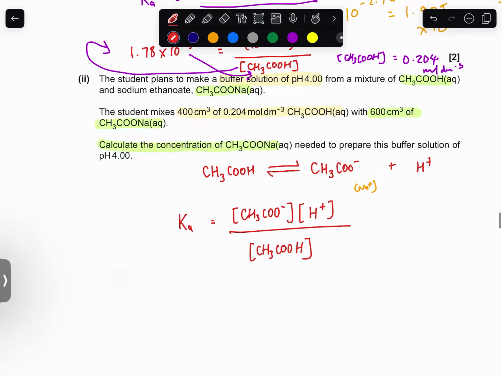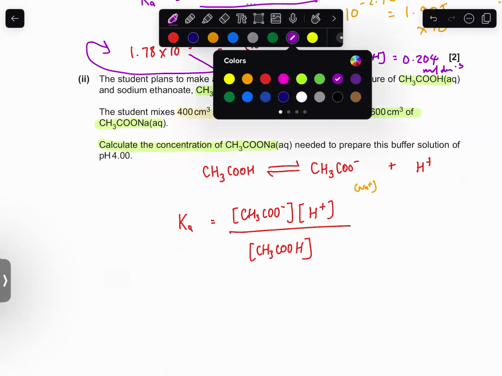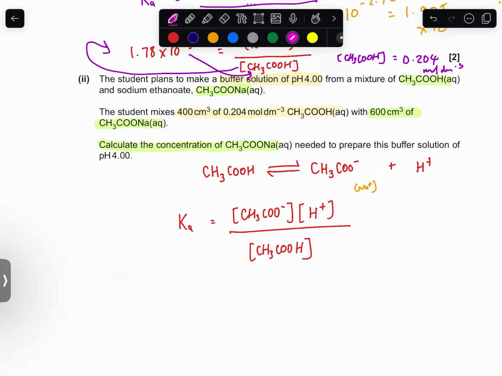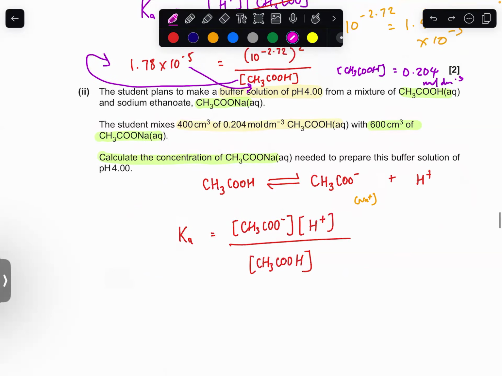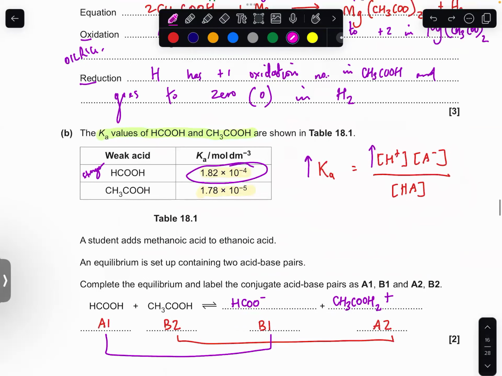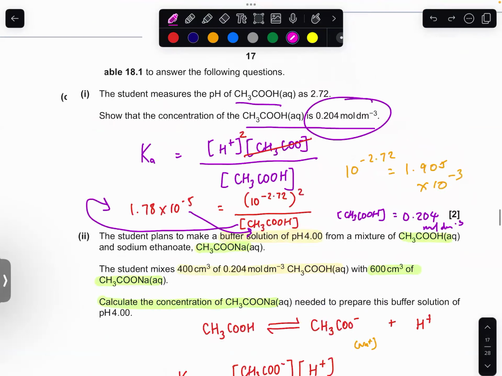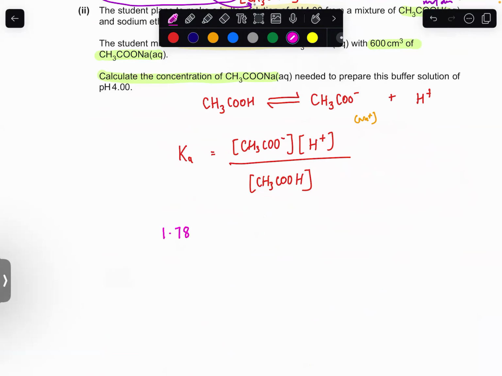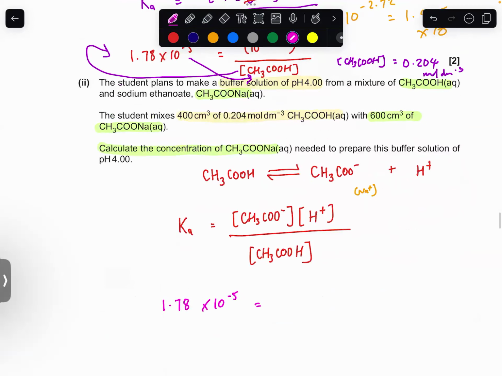Okay, let's get all the values and start plugging them in. Up to here should make sense. The calculations have a little bit more to them than what we're used to, but let's see. So Ka for ethanoic acid is 1.78 times 10 to the minus 5. The concentration of the salt, this is what we're trying to work out.